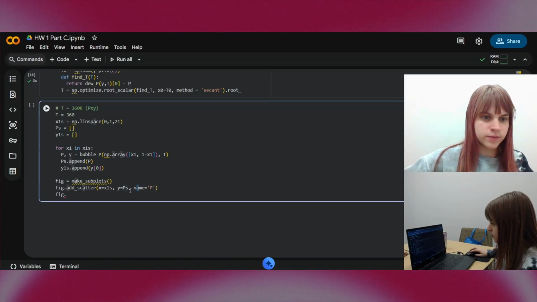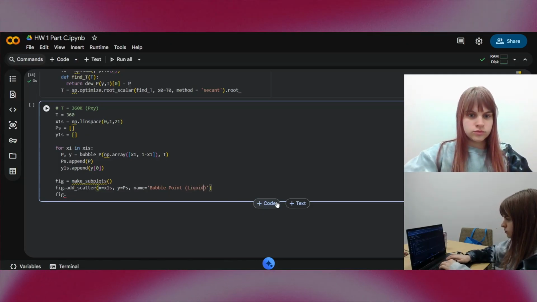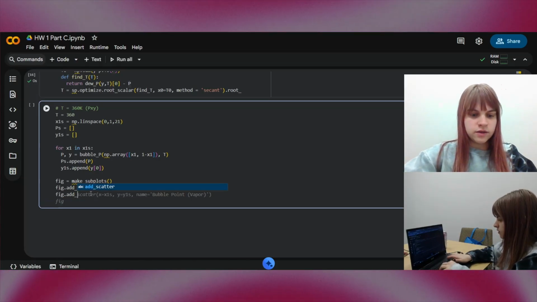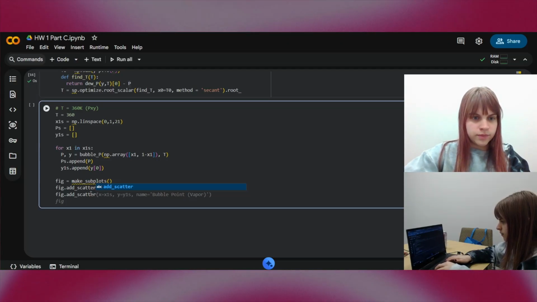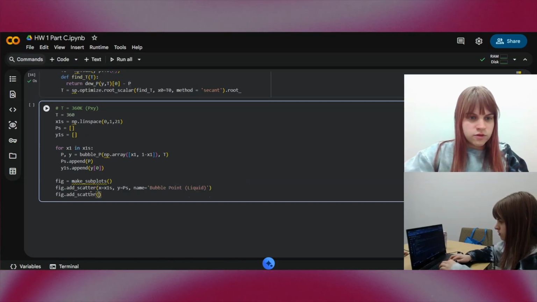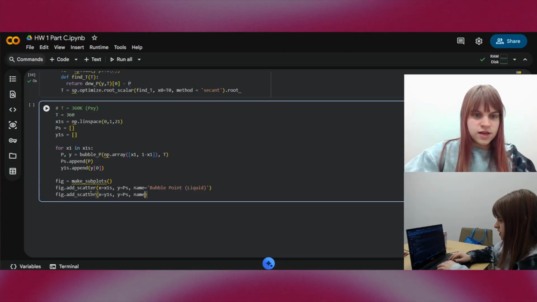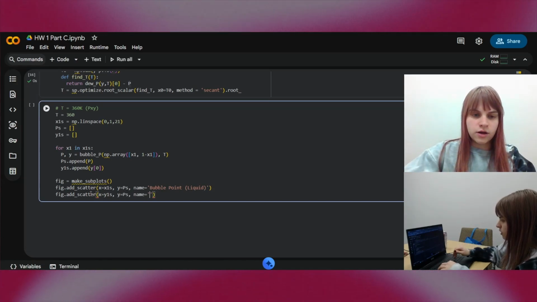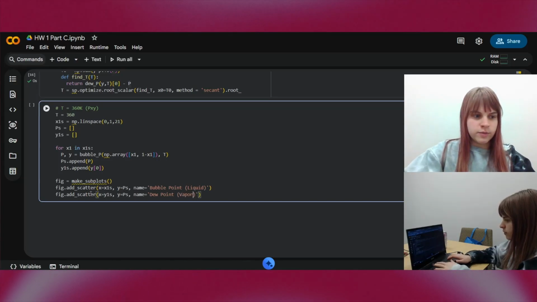And I want to call this the bubble point. And then we can add another scatter where x equals y1s. The y is still the pressures, and since we are using the y1s, which is the vapor composition, this gives us the dew point curve for the vapor.